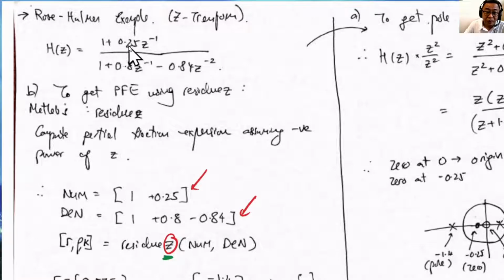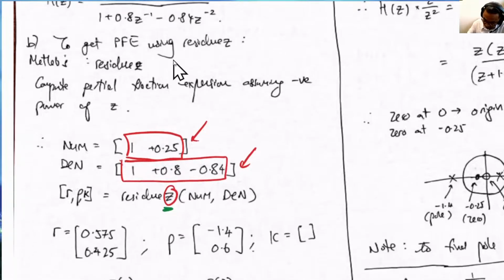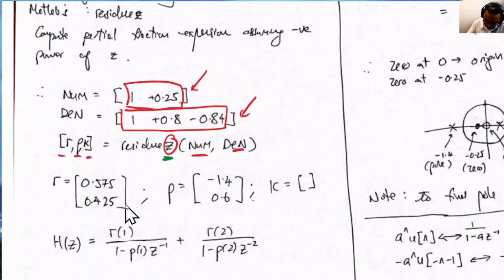So the numerator is 1 and 0.25 here, and the denominator is 1, 0.8 and minus 0.84, which is here. Then by substituting into residuez the parameters numerator and denominator, I get r, p, k, and my r is this, my p is this, and my k is nothing.